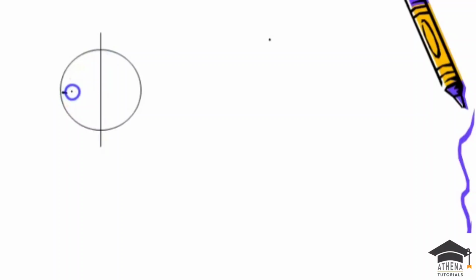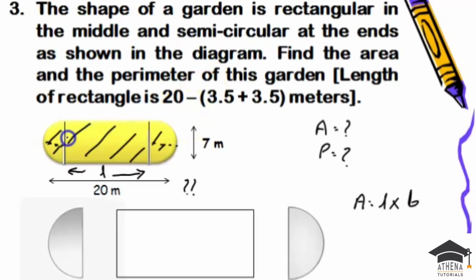And this part is the radius of the circle. Observe here, this is semicircle, and this is nothing but the radius. I'll mark here this part, and this part is also radius. If we find the radius and remove that radius from this entire length, we will get the length of the rectangle. Let's do it now.